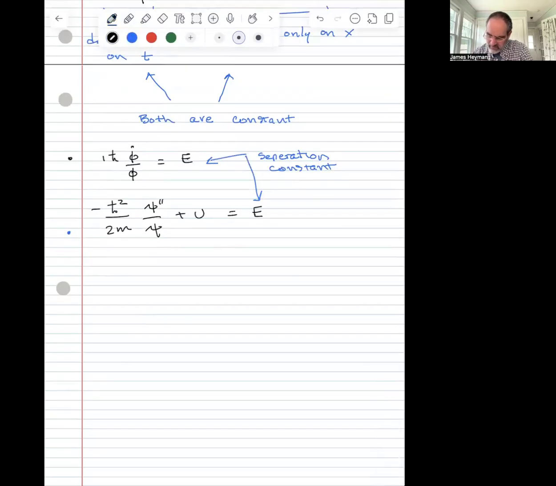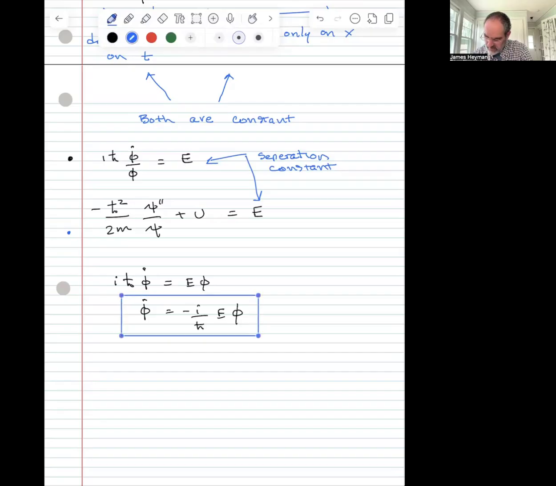Now, let's take a closer look at the first one and see if we can rewrite it in a simpler way. Let's multiply through by phi on both sides, and we get i h bar phi dot is equal to E times phi, or phi dot is equal to minus i over h bar times E times phi. And of course, that's the first part of our result previously.